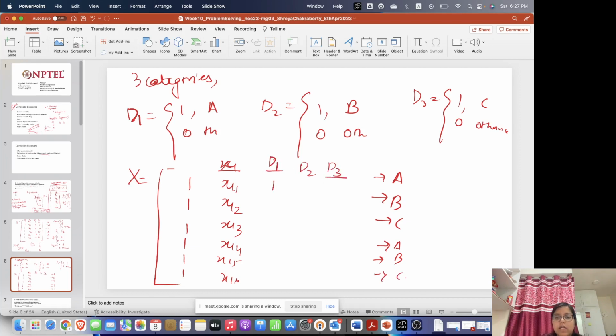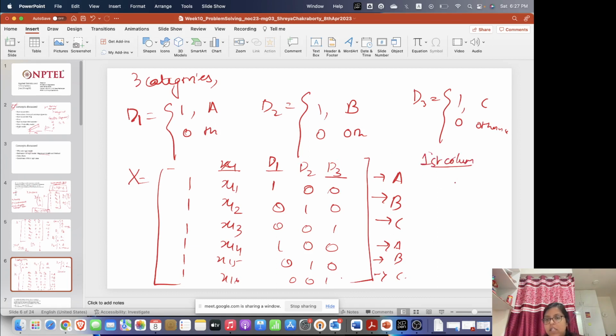For A, here we would have 1, 0, 0. This would be this, C would be this, again A would be this, B would be this, C would be this. Now we note that the first column of the X matrix is equal to the sum of D1, D2 and D3.